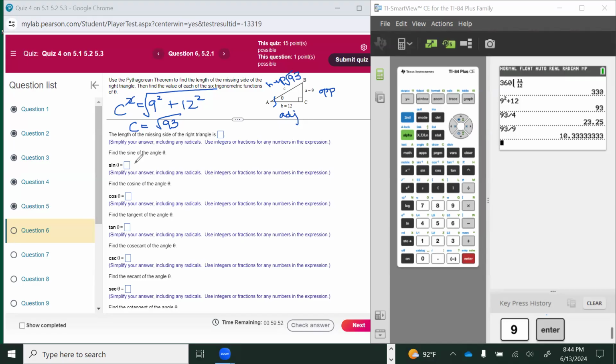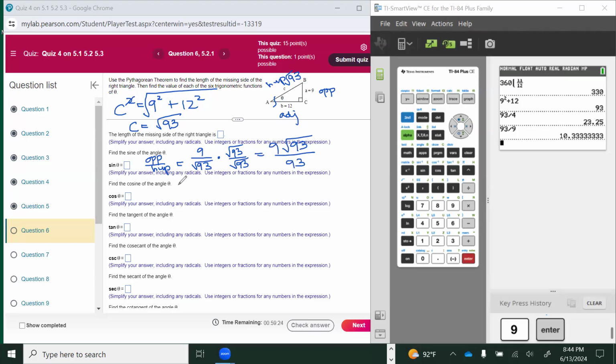Sine of an angle is opposite over hypotenuse. We went over that in the puzzle videos. And the opposite side is 9. The hypotenuse is square root of 93. We need to rationalize by multiplying the numerator and the denominator by the square root. And this would be 9 square root of 93 over 93.